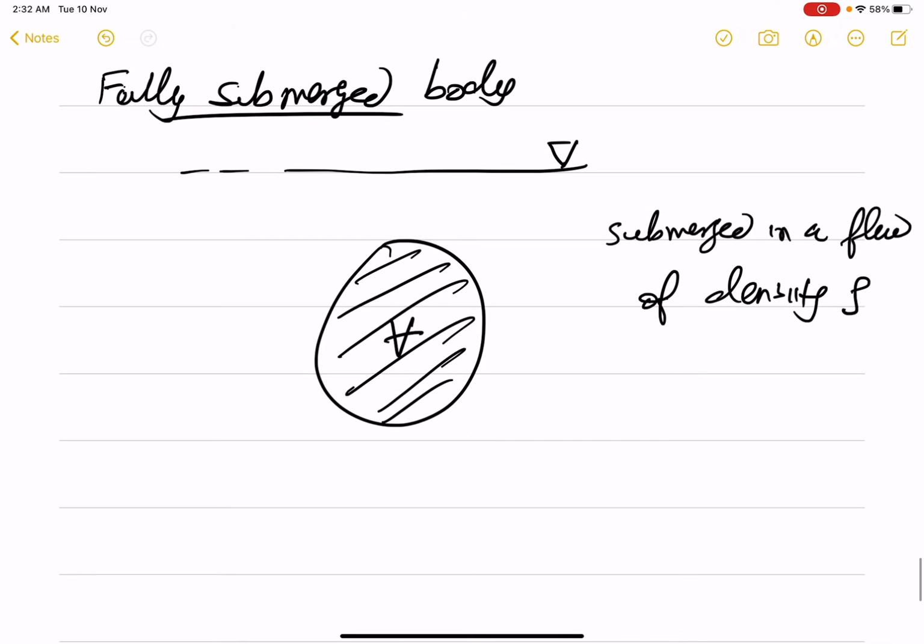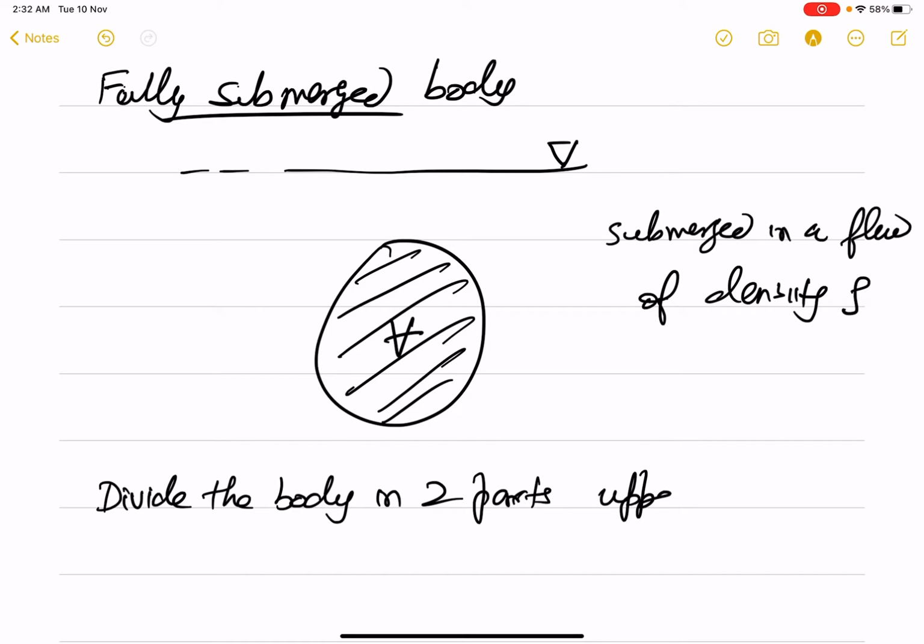Then what one can do is divide the body in two parts, an upper part and a lower part.